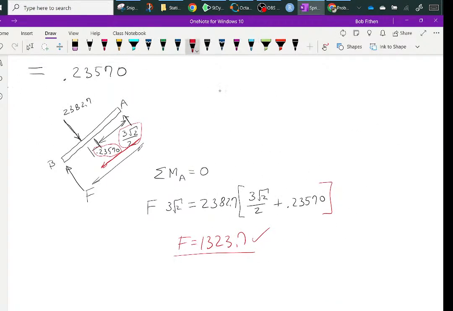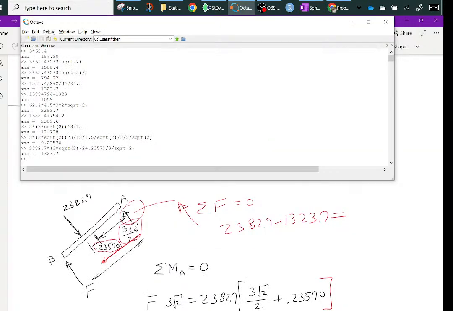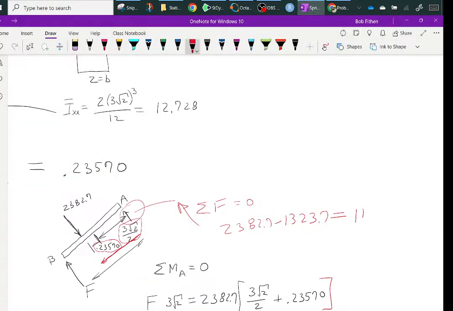And now if I want to know this one, I can do sum of the forces in, say, that direction equals 0. And what I'll get is 2382.7 minus the 1323.7 will be the load that sits right there. 2382.7 minus 1323.7, 1159.